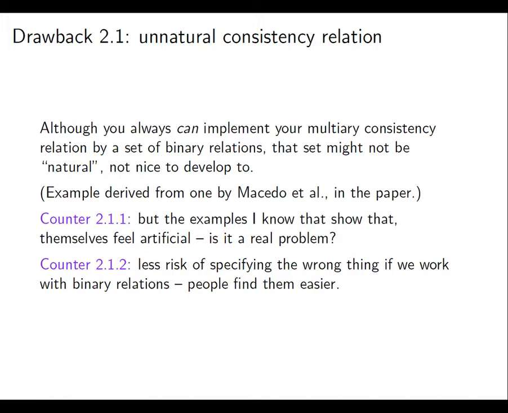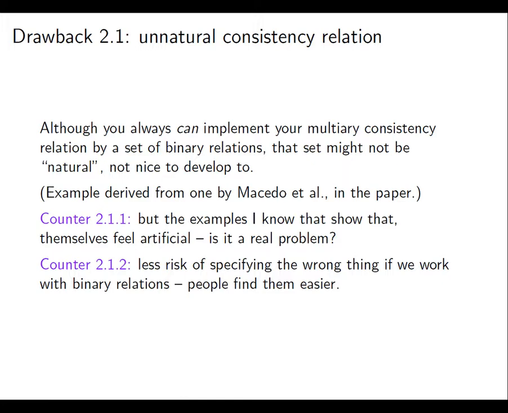At the large scale, the examples I know themselves feel rather artificial, and that goes for the one in the paper as well. So it may be that this is a problem that doesn't really show up. It would be a diversion from this paper to discuss it, but certainly when you consider things at a lower level, you can come up with cases where the examples don't feel so artificial, so it may be a real problem.